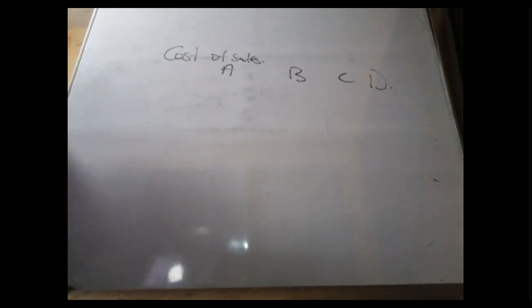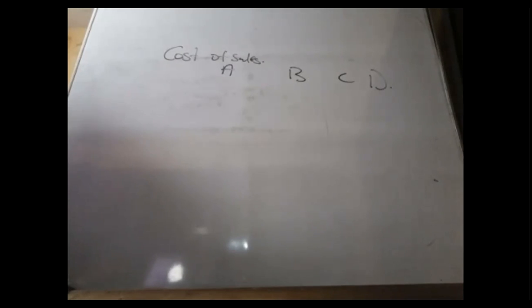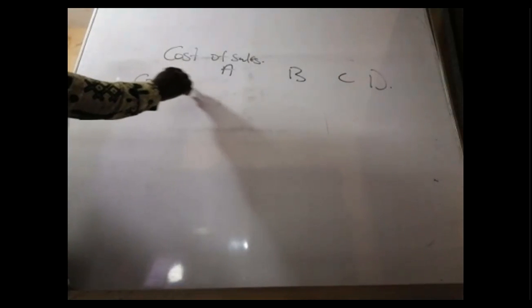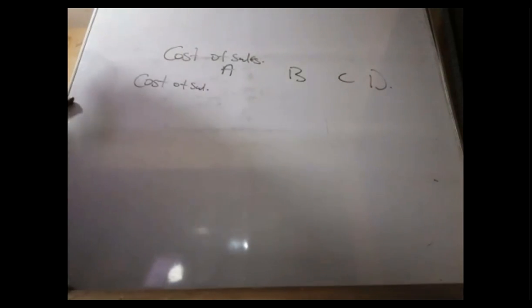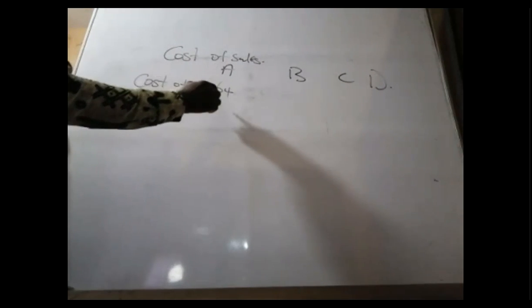Once this is cost of sales, it includes two items: variable cost and what? Fixed cost. And this question has three types of fixed cost here. The main cost of sales is here. So for A, we had from the question 64, right?